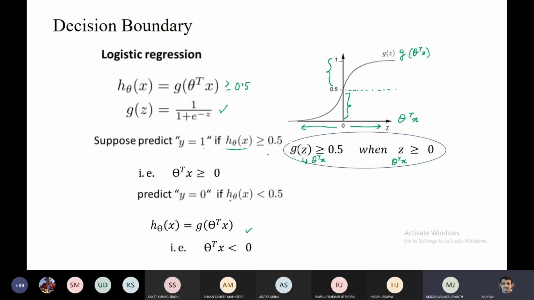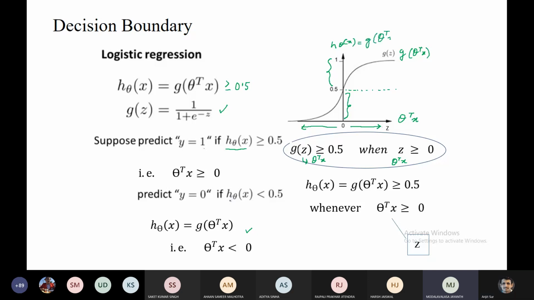So what we can say is that h theta of x is equal to g of theta transpose x, which is greater than or equal to 0.5 whenever theta transpose x is greater than or equal to 0. If theta transpose x is on this side, it is greater than 0.5.